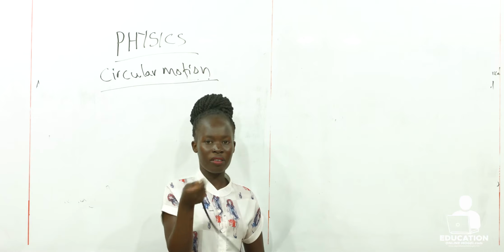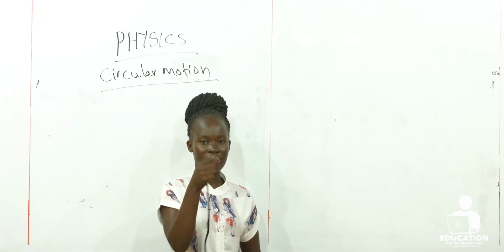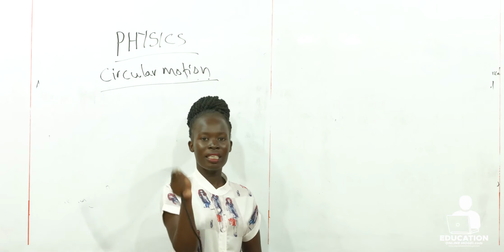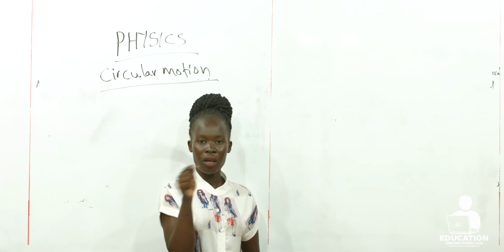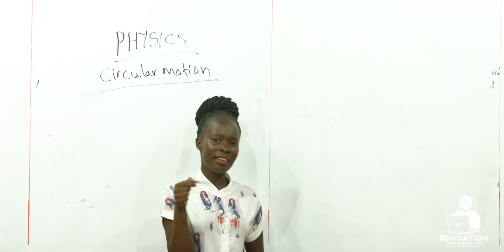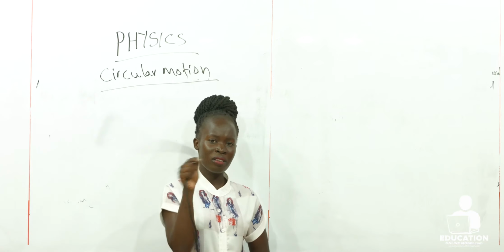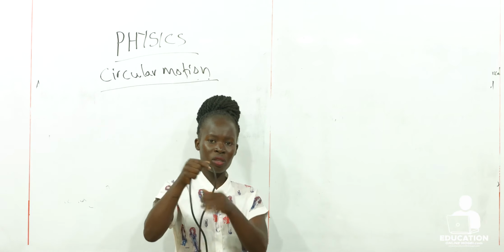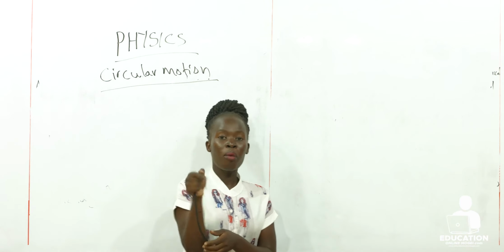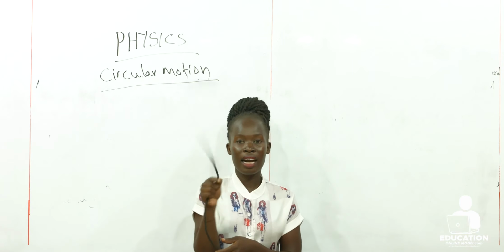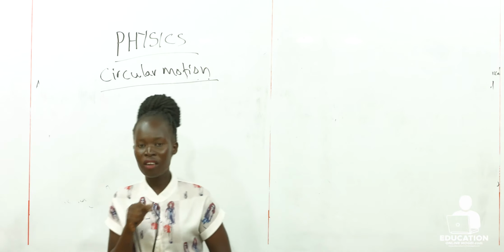When I'm swinging this, you'll see that it is taking a circular path. But if it is taking a circular path, what is happening to the bob? The bob is moving around the circumference of this string.